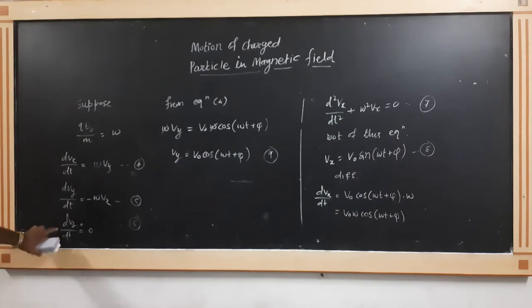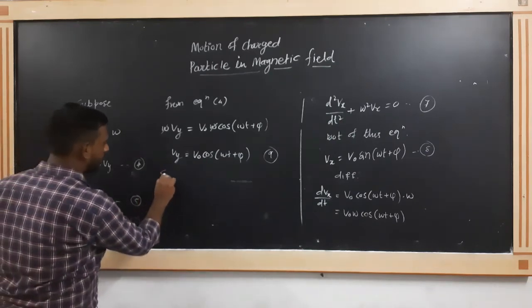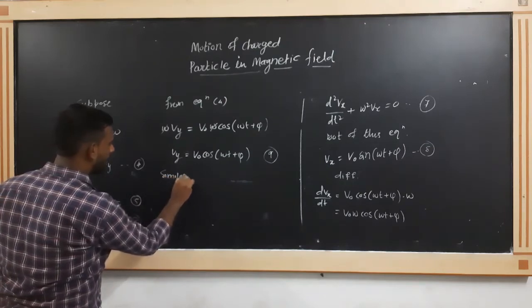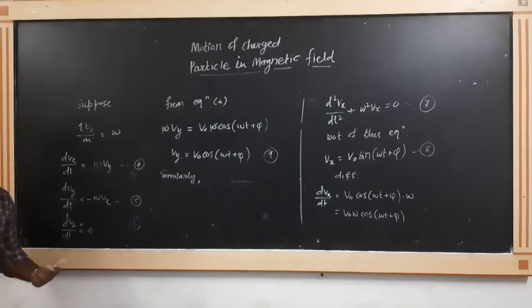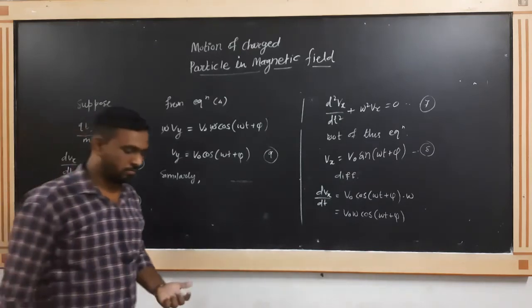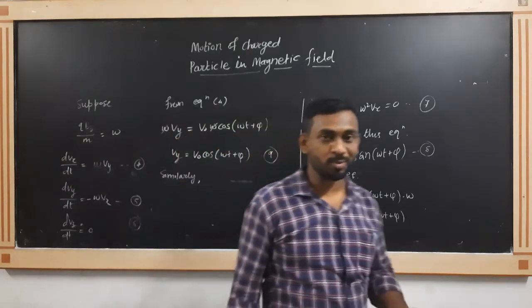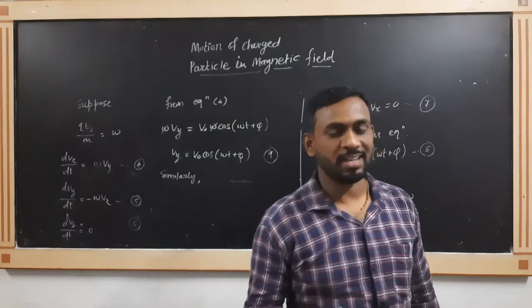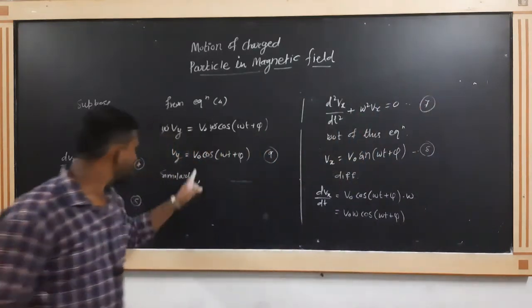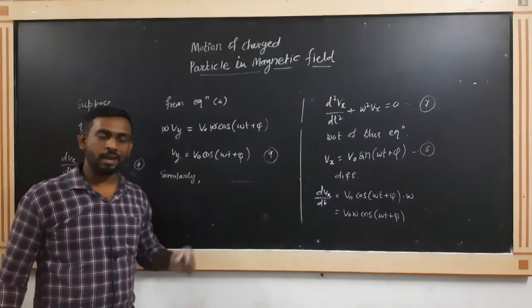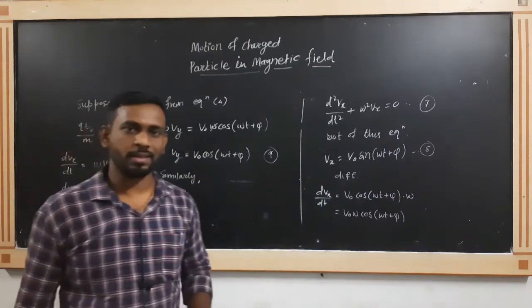Similarly, let's solve for vz. If the derivative of some quantity comes out to be 0, then that quantity is constant in nature. So v0 is a constant, and it is the initial velocity of the charged particle.